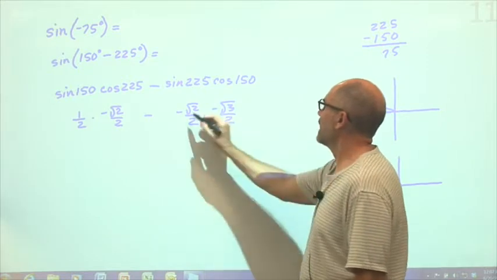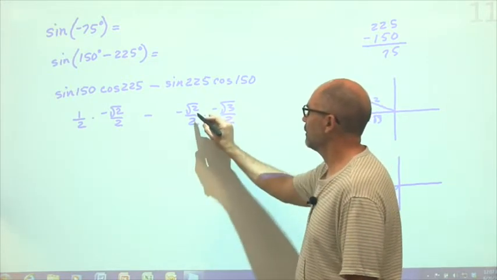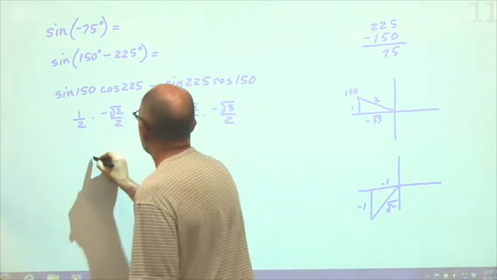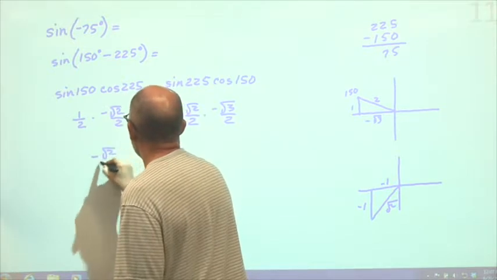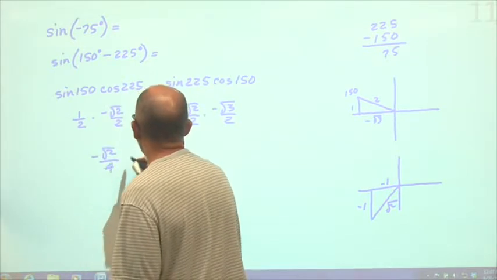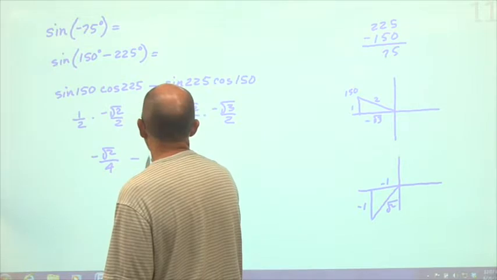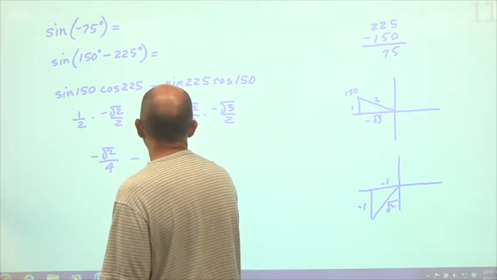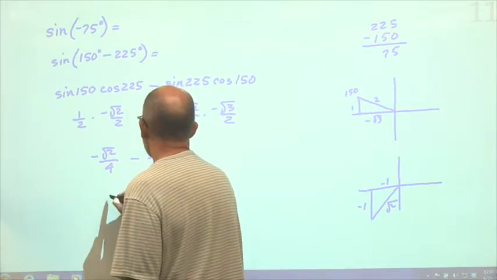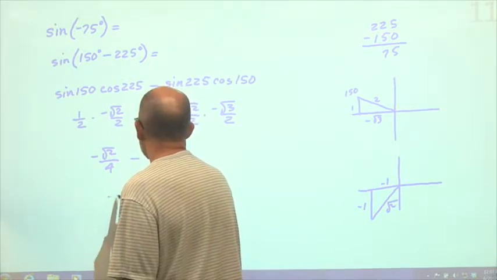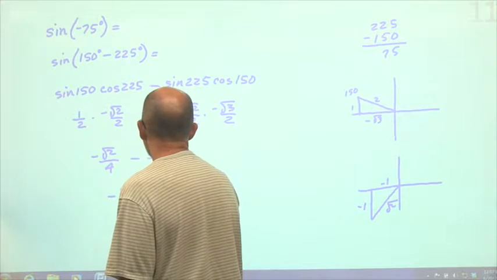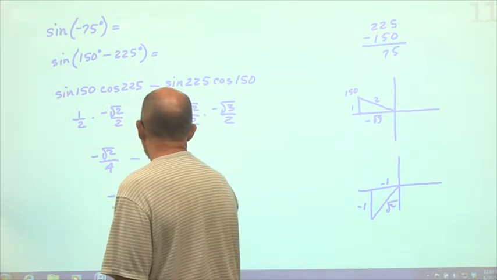All right, so negative times negative makes this a positive. So it's going to be negative square root of 2 over 4 minus square root of 6 over 4. So the final answer is going to be negative square root of 2 minus square root of 6, all divided by 4.